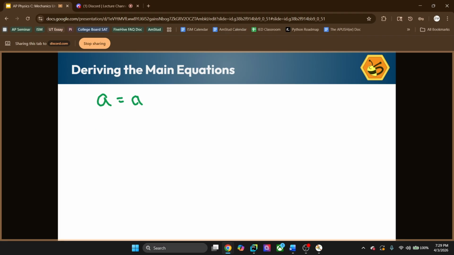If you want to find velocity, we take the integral, right? And the integral of a, which is a constant number, is going to be at. And there's always an initial condition, which is v naught, right? So when we integrate, we'll get some value, in this case at, and then there's plus c.